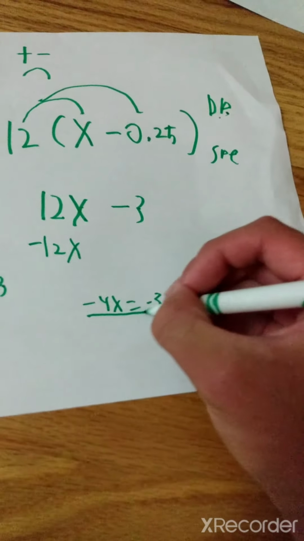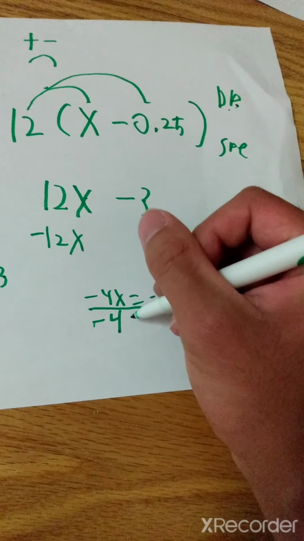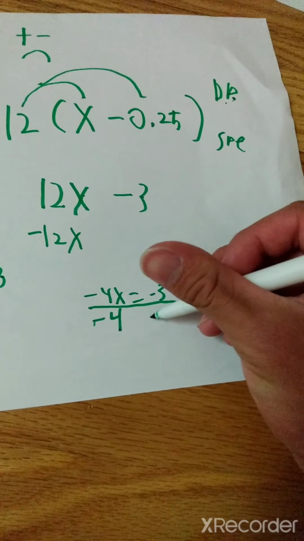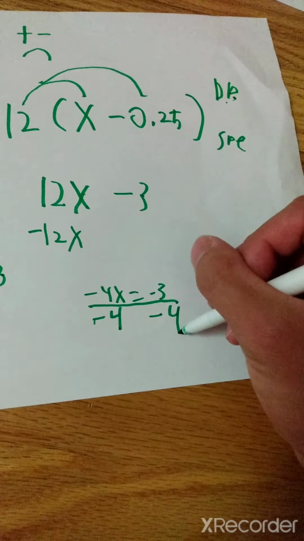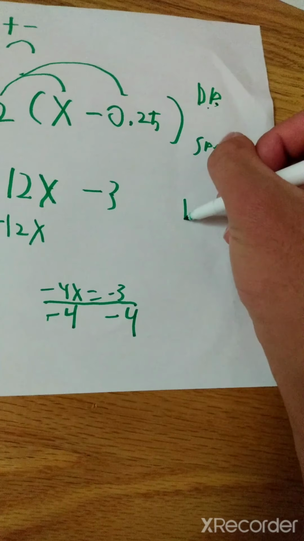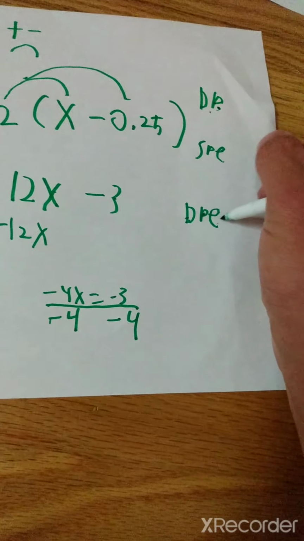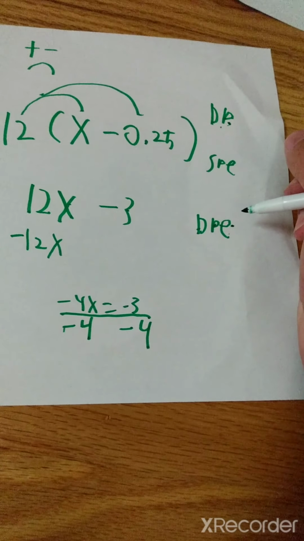We have to divide both sides by negative 4. That is called DPE, or division property of equality.